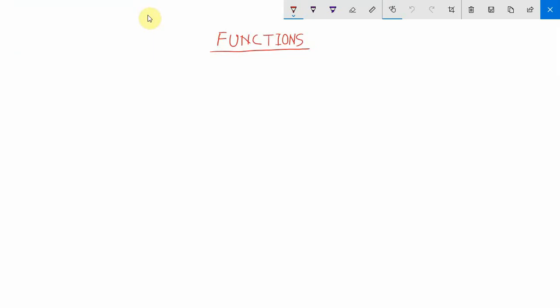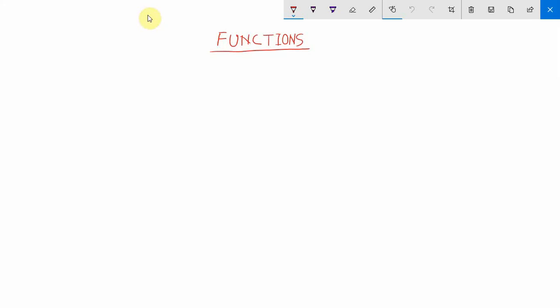Okay friends, so today our topic of discussion is functions. Before starting this topic, I will advise those who have not gone through the sets and relations chapter to please go through those lectures so that you can easily understand this chapter.